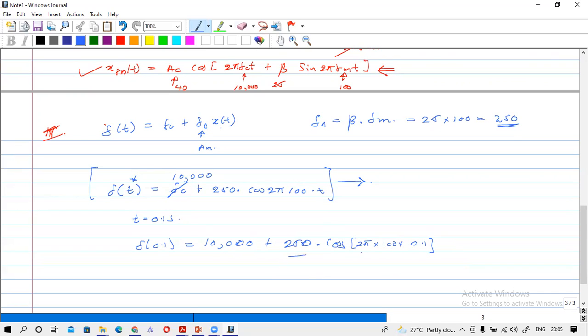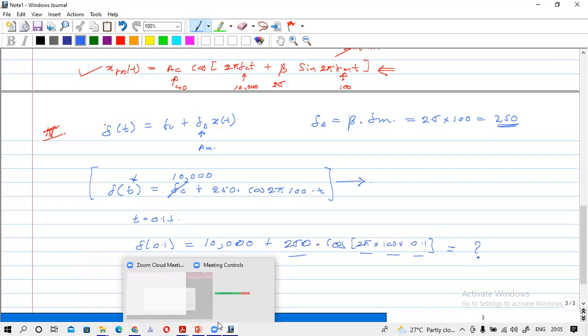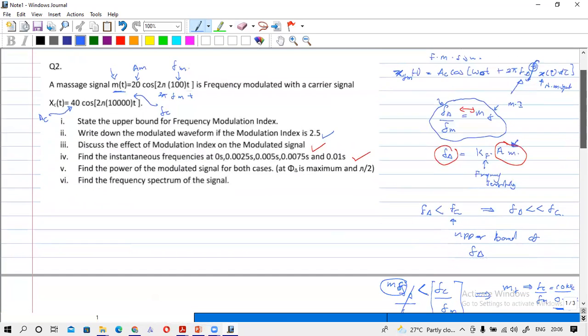All the terms you know, so you can simplify this using a calculator and find the relevant instantaneous frequency. Likewise, you can find all the relevant instantaneous frequencies.